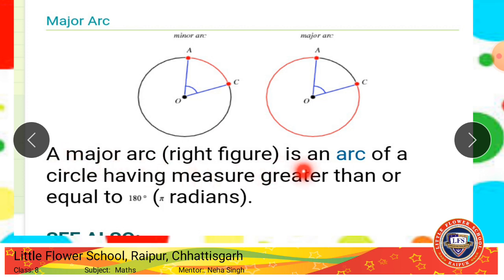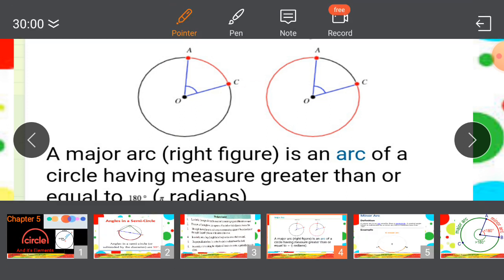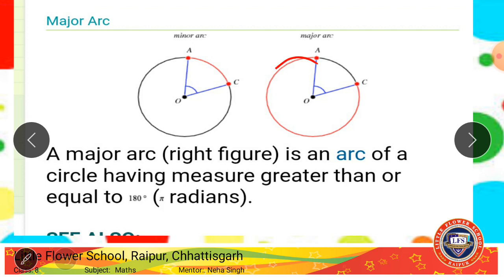Major arc is an arc of the circle having measure greater than or equal to 180 degree, right? If the angle has a value greater than 180 degree, it is major. See here, if I am talking about this arc, this arc is the major arc.